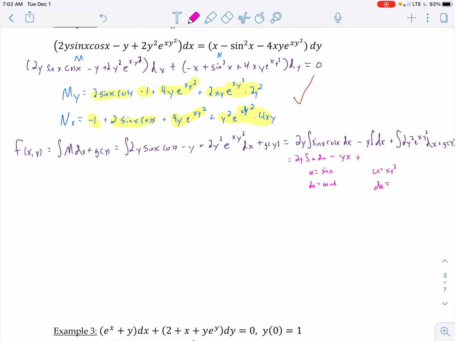I'm going to make du just the derivative of that with respect to x, so that's just going to be y squared dx. So then what I have is plus 2 times the integral of e to the u du, then plus g of y.